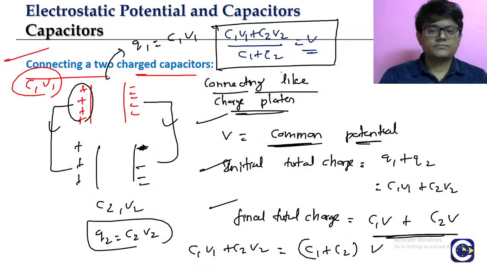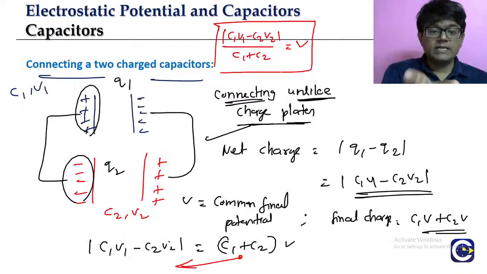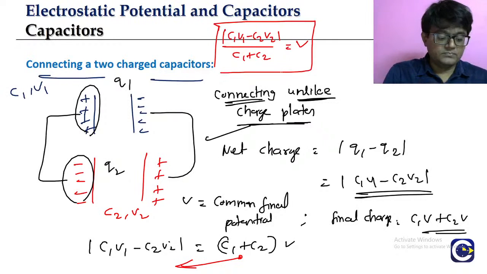The common potential value was C1V1 plus C2V2 divided by C1 plus C2. Here the charges add. But here we are connecting unlike charge plates, so charges will cancel each other. We don't know which is higher, so we take the modulus. Whatever net charge remains will be distributed on both the plates.